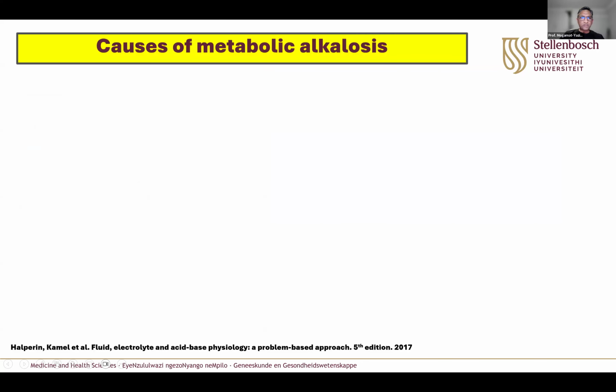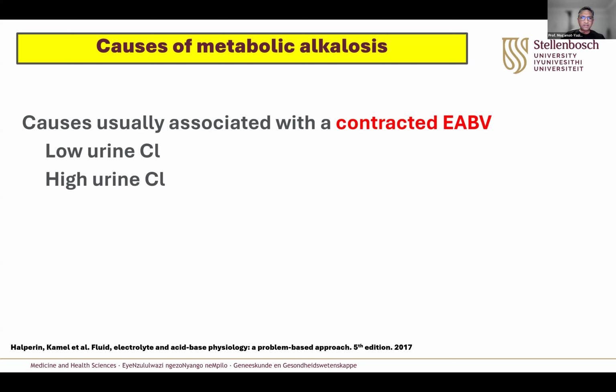So what are the causes of metabolic alkalosis in general? Firstly, you must interpret the alkalosis in the context of the ECF volume of the patient. So there are causes of metabolic alkalosis that are associated with a contracted effective arterial blood volume. We also then want to know what is the concentration of chloride in the urine. Is it low?